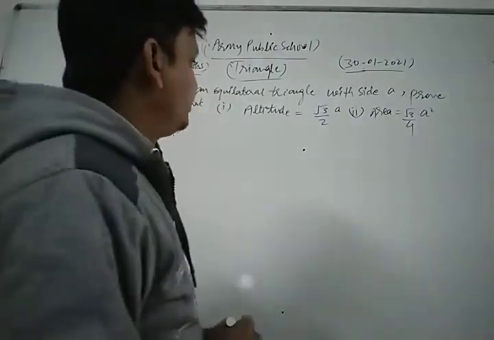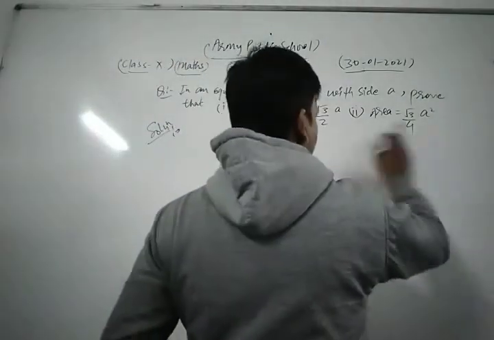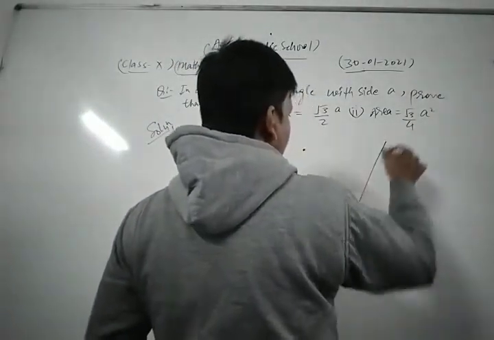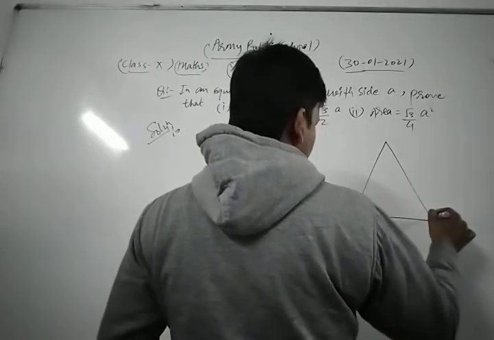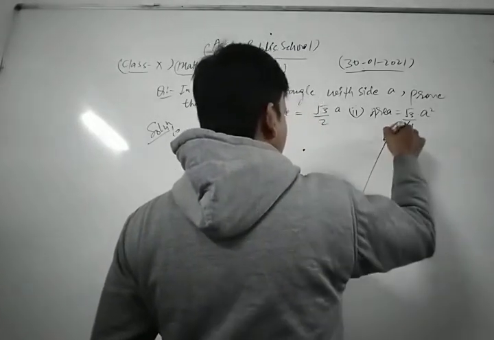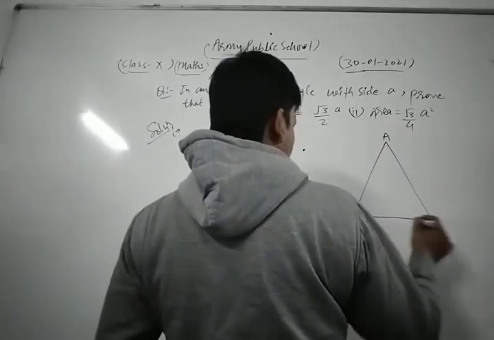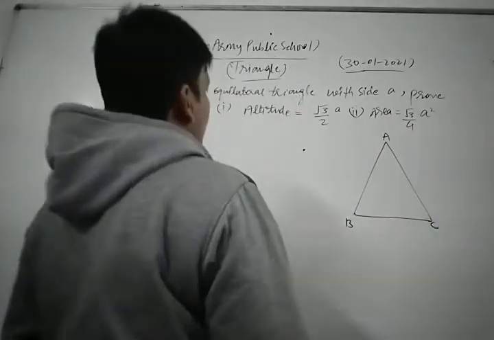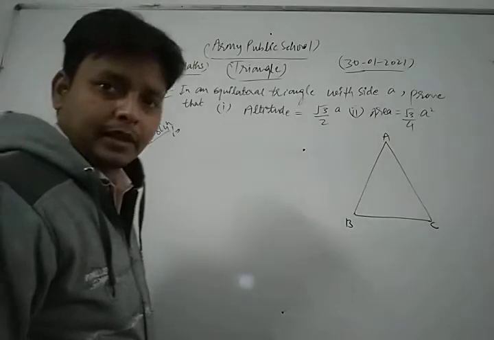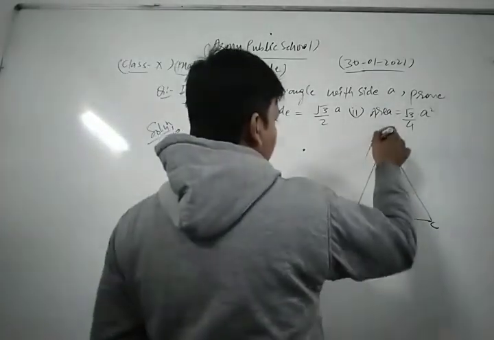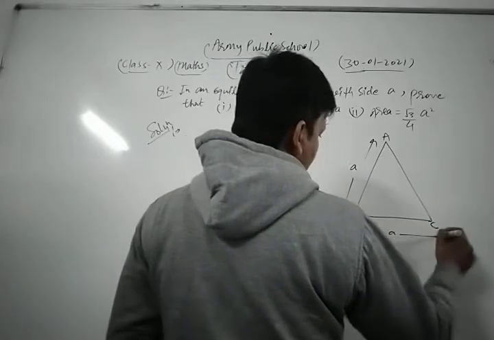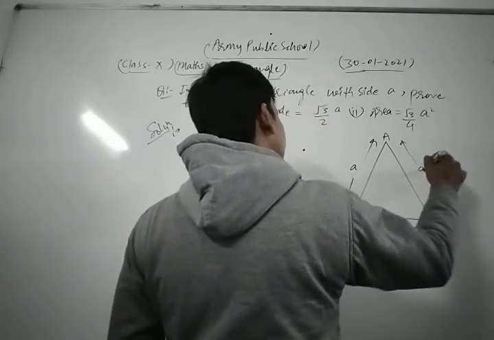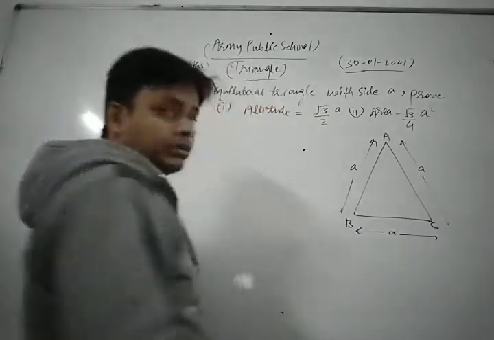So we draw an equilateral triangle ABC with side a. Each of its sides is a. This is a, this is a, and this is a.